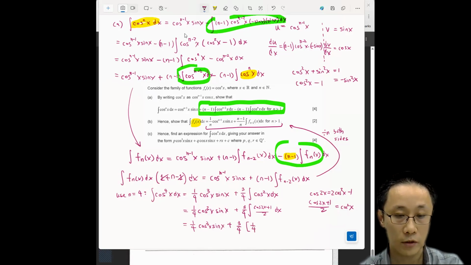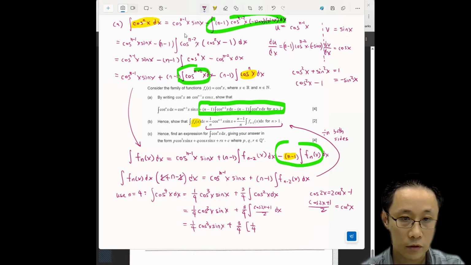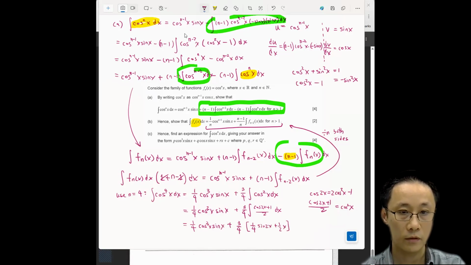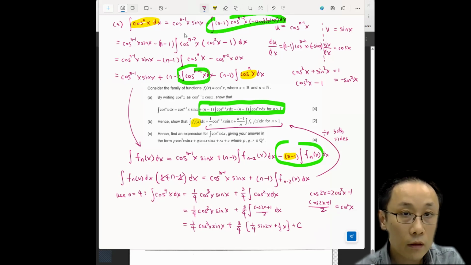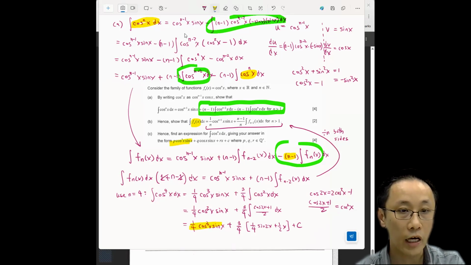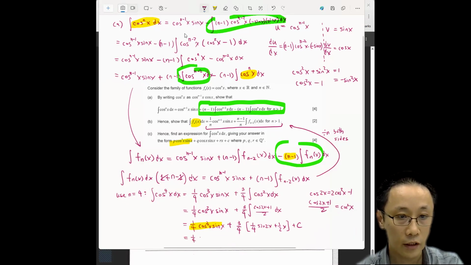Integrating cos 2x plus 1 all over 2 gives you a quarter sine 2x plus half x plus c, and if I group some of the terms, if you compare our current result with the target, they have cos x sine x, we have sine 2x, and this is clearly just an application of the sine double angle formula.